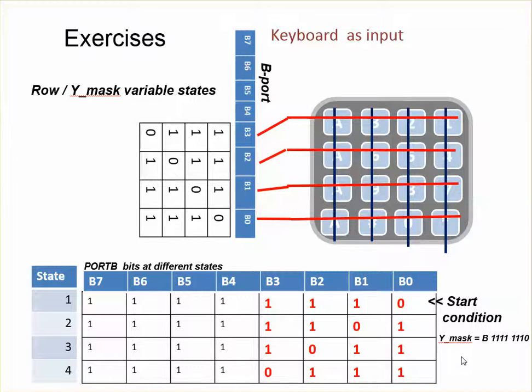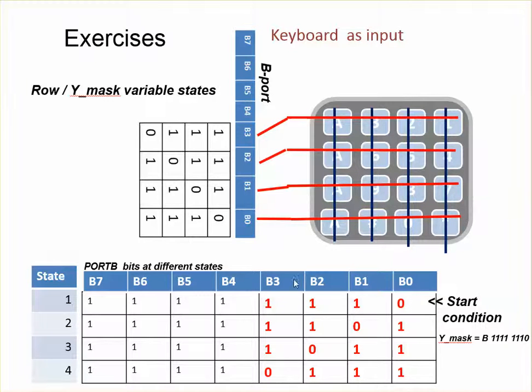For example, we take a mask variable umask and set its starting condition so that all the bits are logical 1s except the lowest bit. So this is the mask variable start condition here. All the bits are 1s except the lowest one.